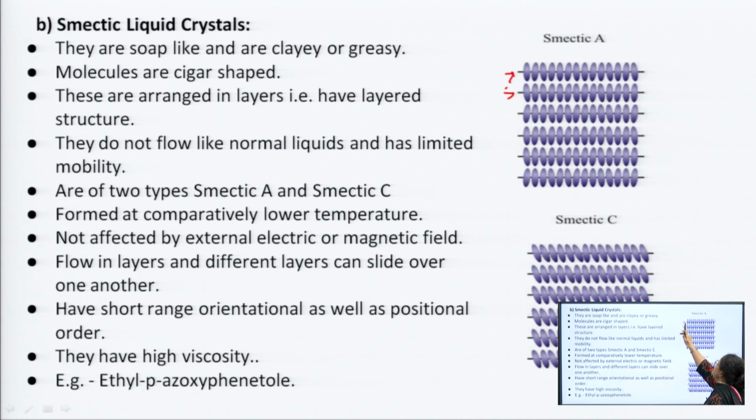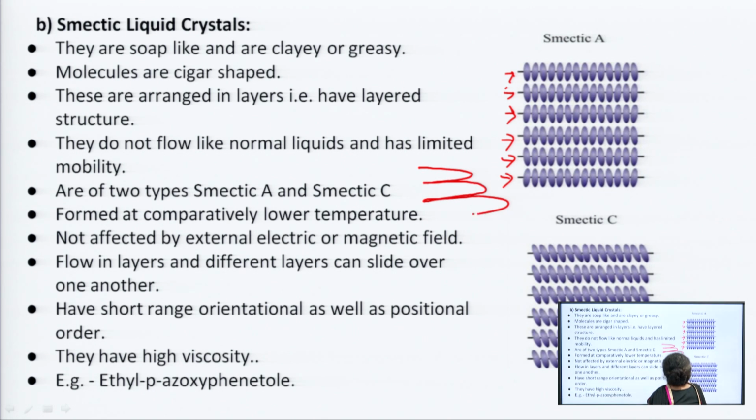You can find the layers one below the other, and because of their layer structure, they are slimy or soapy to feel. And if I draw a very simple structure of it, it could be drawn something like this.